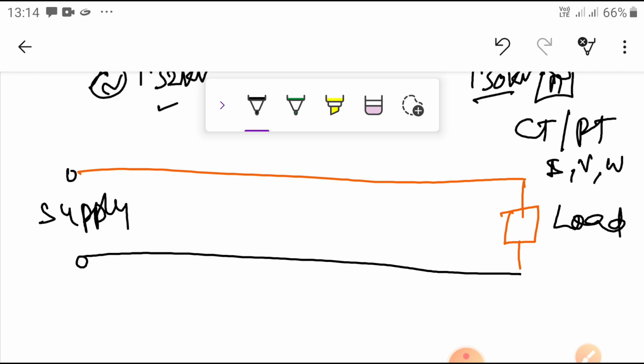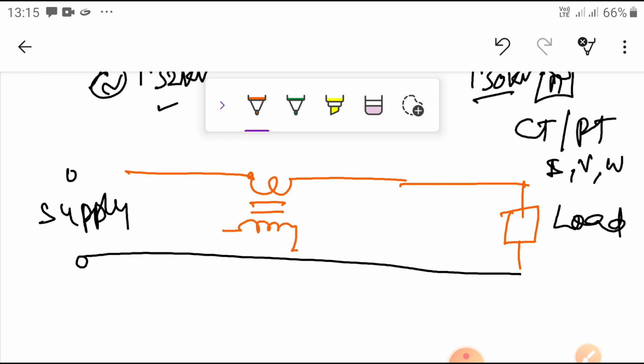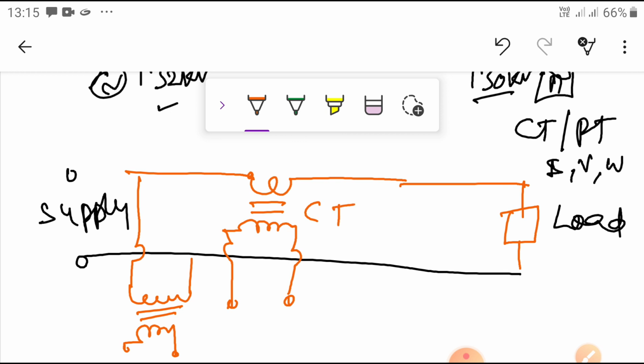Okay, then I can connect here, you can see it. So you connect the CT, and these two terminals are connected here, and from this terminal you connect the P. You can observe this is a CC coil, this is a CT, this is a PT.